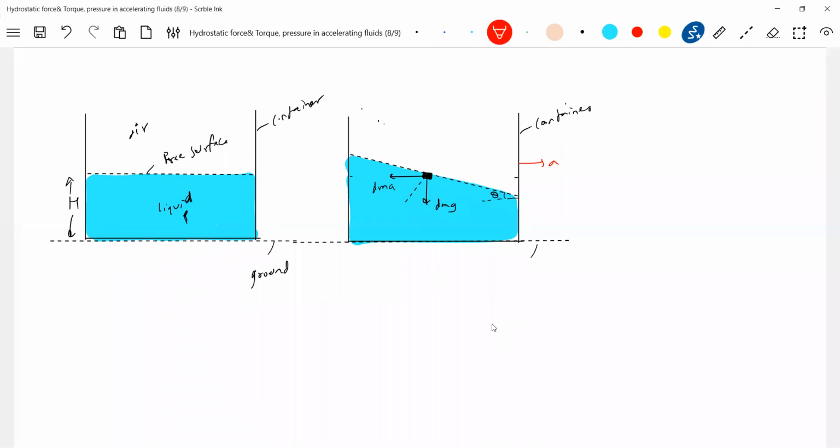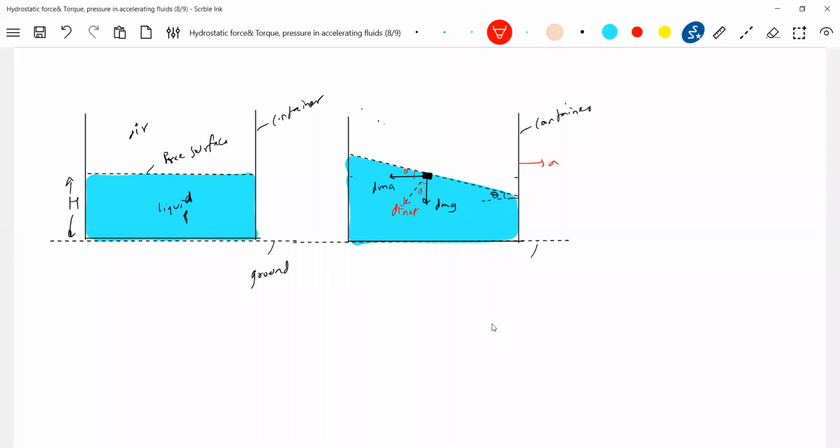So dF net will be in this direction. This is theta, 90 minus theta, and this will be theta. The free surface will align itself perpendicular to the net force, so that the net force along the free surface is 0.